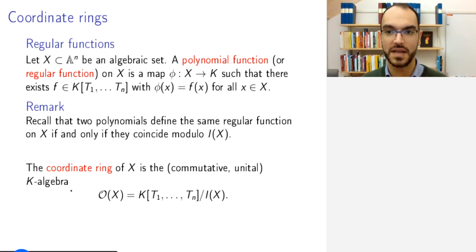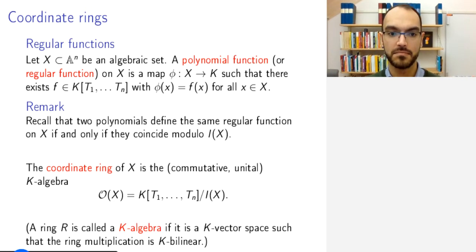The definition of K-algebra comes in a moment. It is given by taking the quotient ring of K[T1, ..., Tn] by this ideal. So this is precisely polynomials modulo the equivalence relation that two polynomials are equal if they vanish everywhere on X. And here a K-algebra is a ring that also has a K-action.